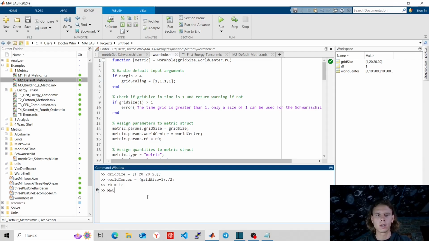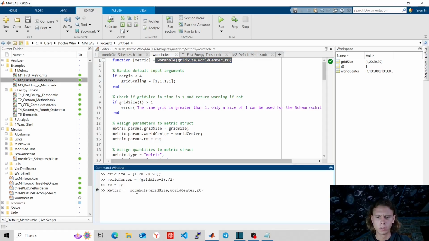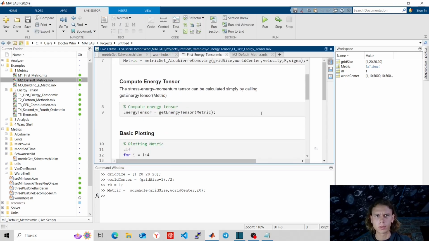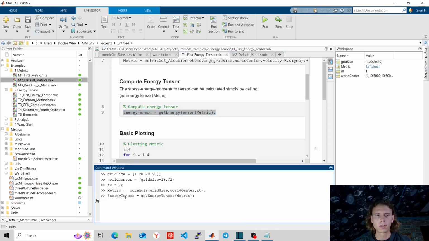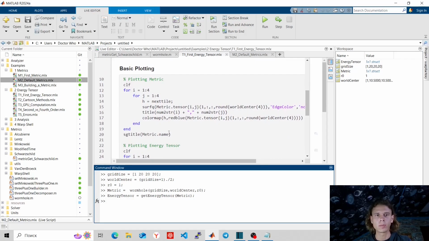I write metric equal to wormhole and all of that just goes in, and I successfully created my metric. And next let's compute the energy tensor. Okay, it's also working.